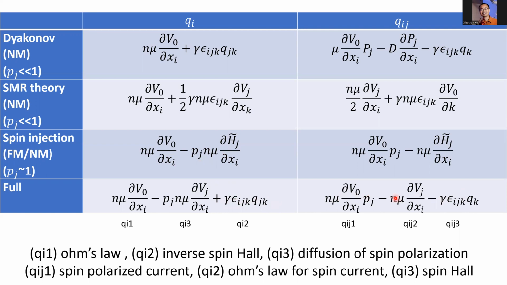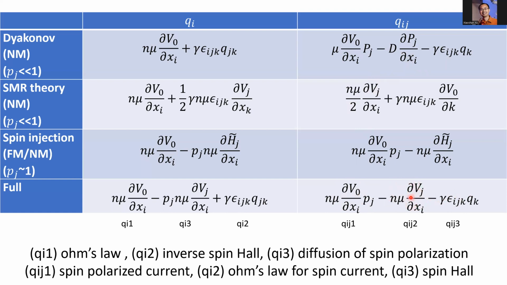Now let's look at spin current. Again, this is a spin polarized charge current and the inverse spin Hall effect. Then this is a gradient of the spin polarization. Normally we can keep all of them, which is not really a big deal.